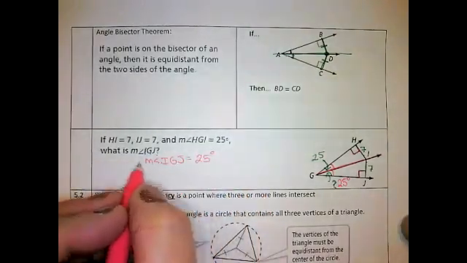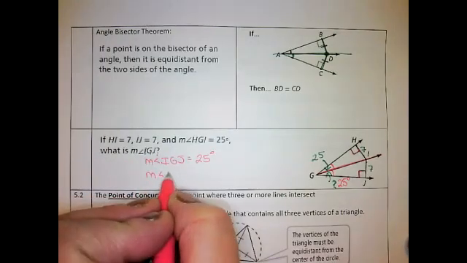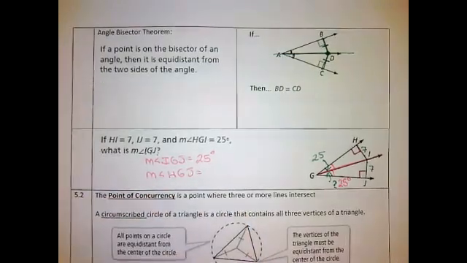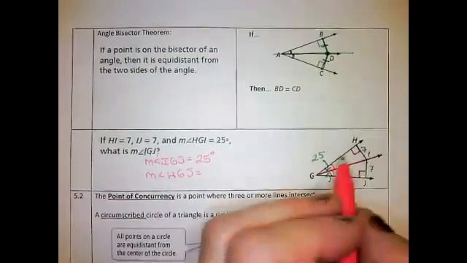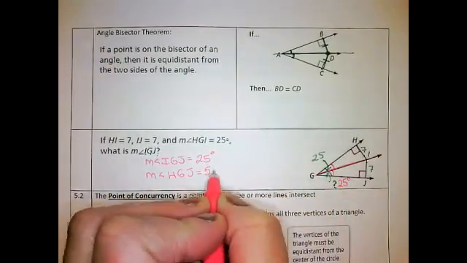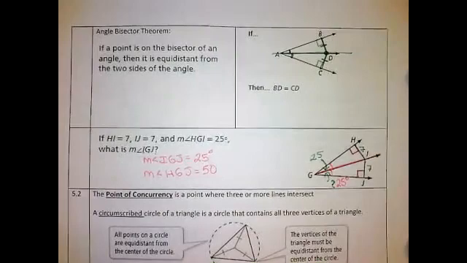I could take it a step further too. It didn't ask me for this, but if I wanted to know the measure of angle HGJ, I could find that. So if this is 25 and this is 25, then I know that this angle measure is 50. I can also take it one step further.